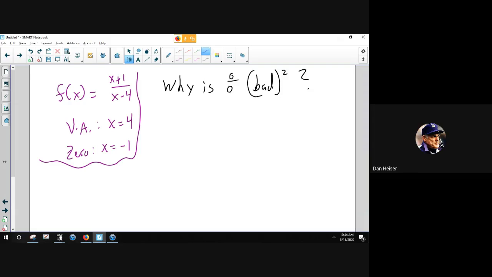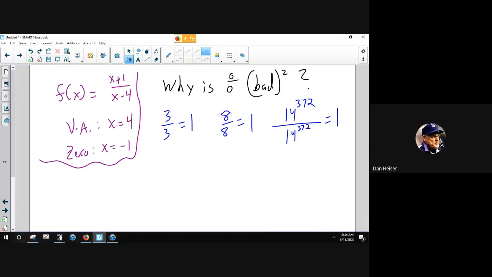I'm going to start with a few examples. 3 divided by 3, that's 1. 8 divided by 8, that's 1. 14 to the 372nd power over 14 to the 372nd power, that's 1.